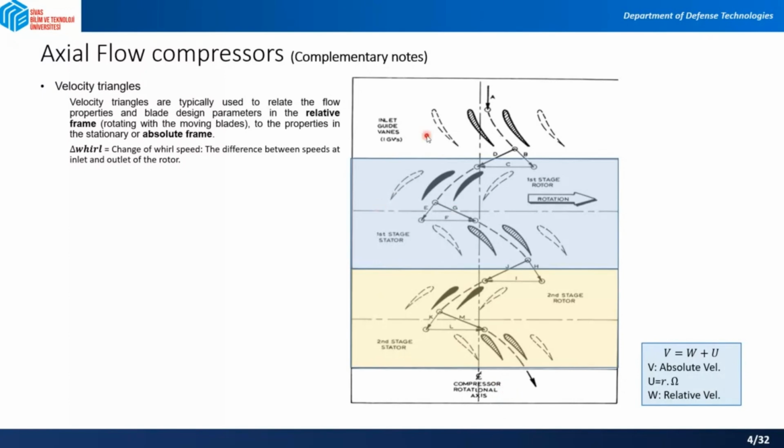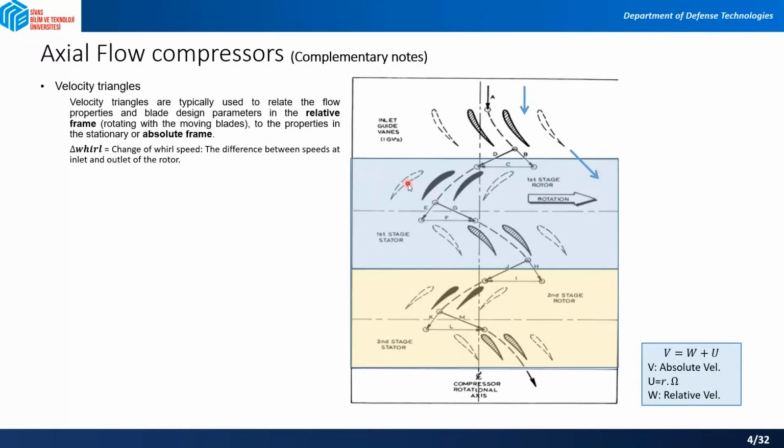So what we have in here, you see that air is coming like this in axial direction inside the inlet guide vanes, and then the air leaves the inlet guide vanes at this direction. So as we said, this is the entry and this is the exit of the inlet guide vanes.